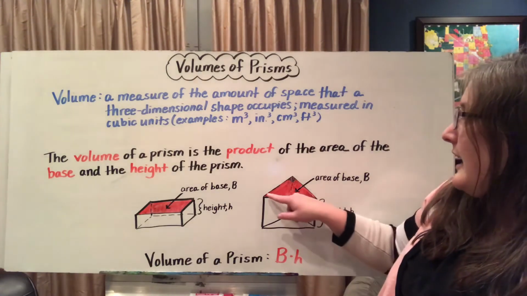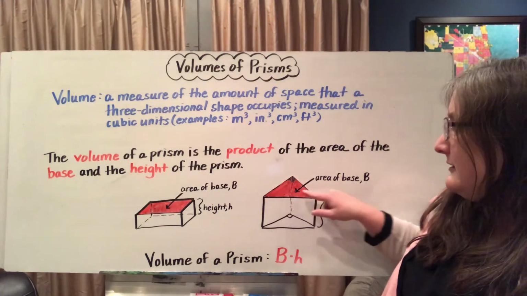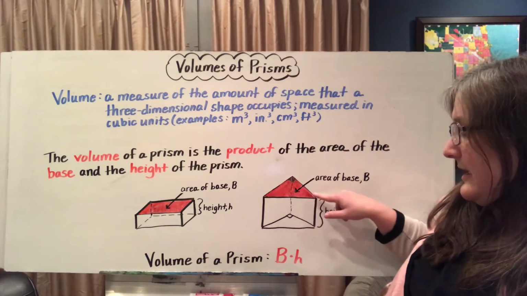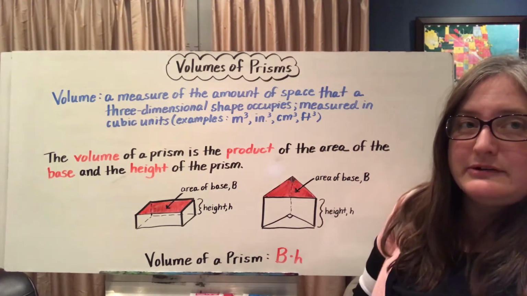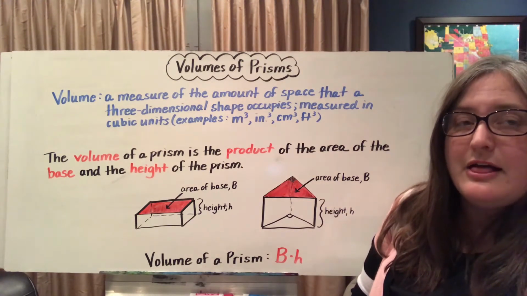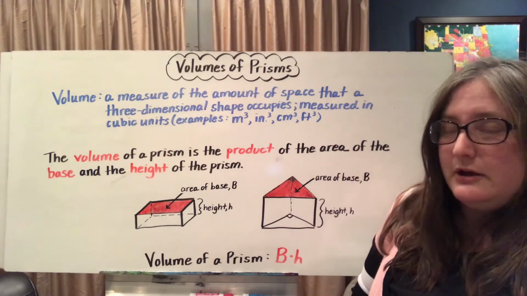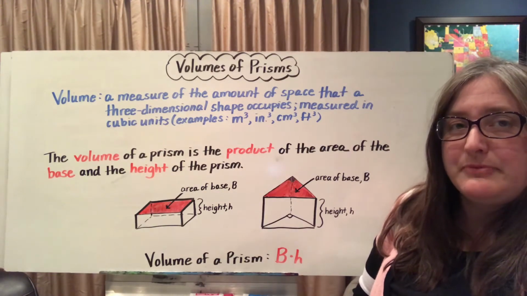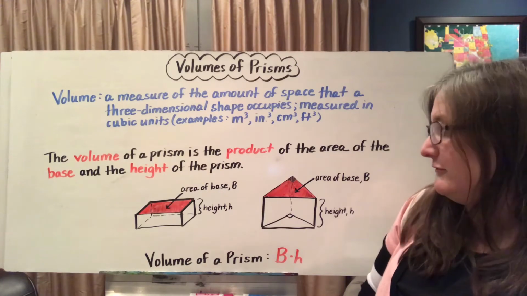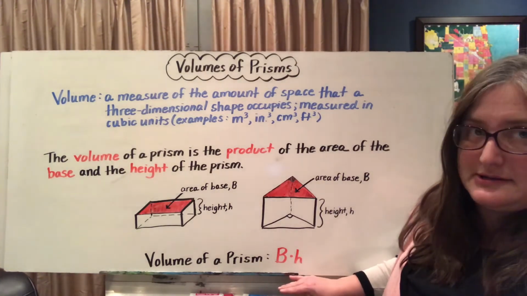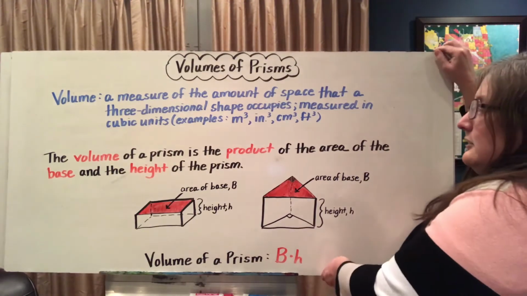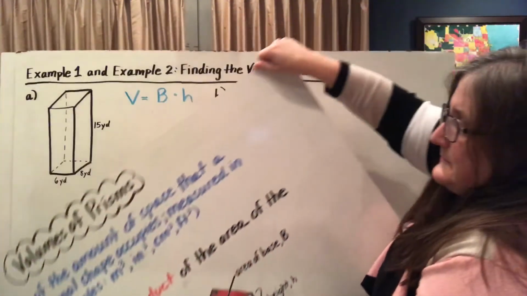So I would find how many cubic units it takes to fill this triangle, this base, and multiply it by how many layers high I'm going to have to make to create that three-dimensional shape. So the volume of a prism can be simplified to finding the area of the base and multiplying by the height of that object. So let's take a look at a couple of examples.